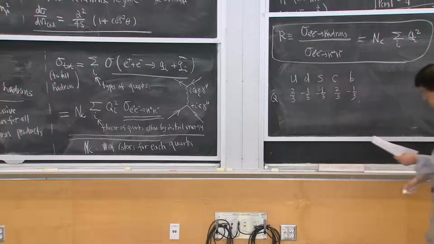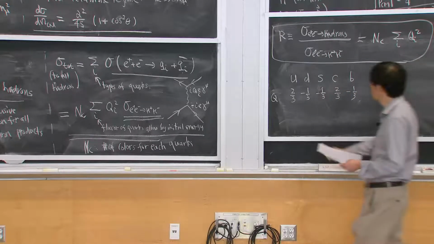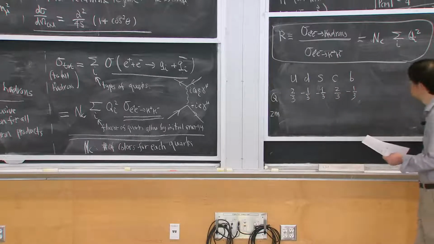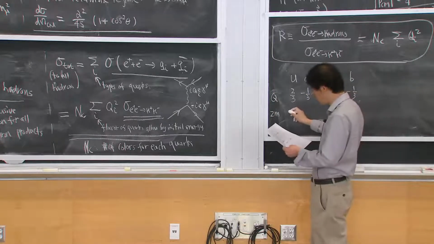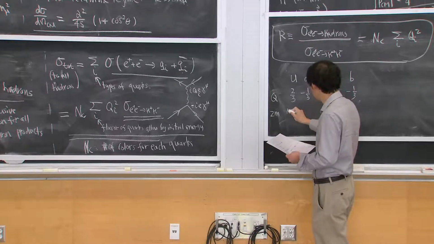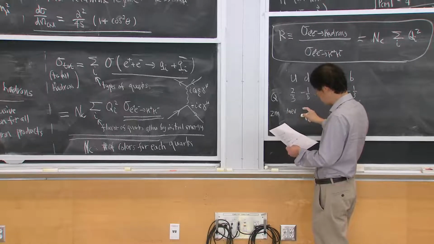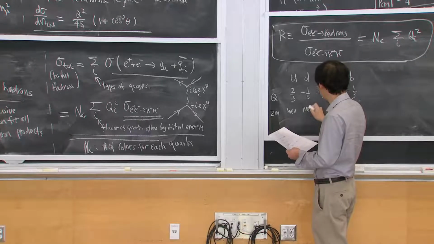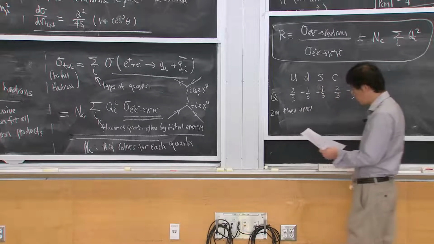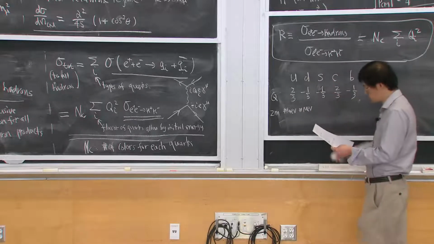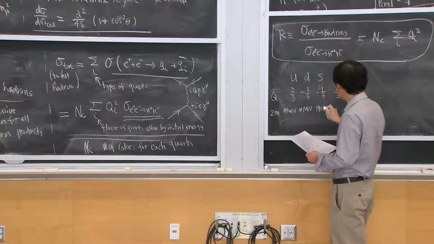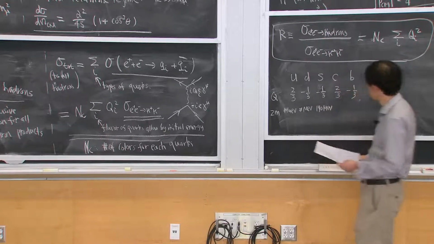And then twice the mass, I just give you some rough numbers. u and d are about a few MeV. The strange is heavier, about 190 MeV.